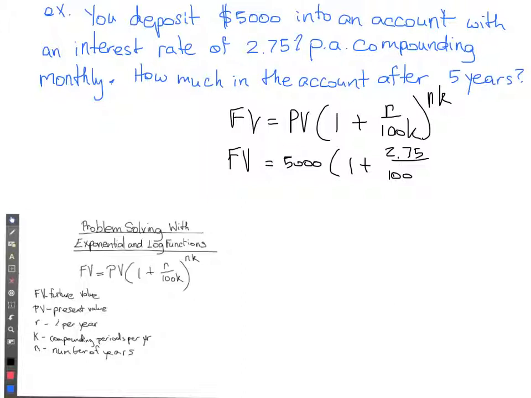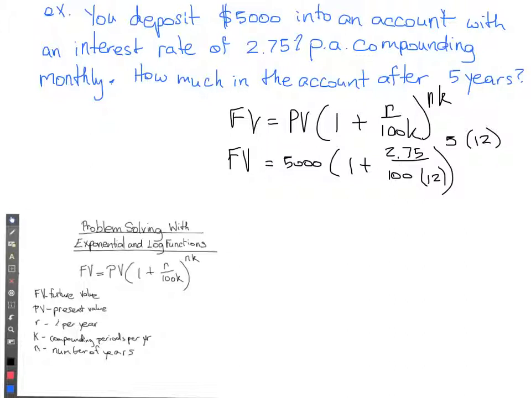And our K, since it's compounding monthly, is 12. Raised to, and here's the exponential part, NK, so N is 5 because it's 5 years, times K, which we already know is 12. So this is an exponential function because we are raising it to an exponent to calculate what we need to find.